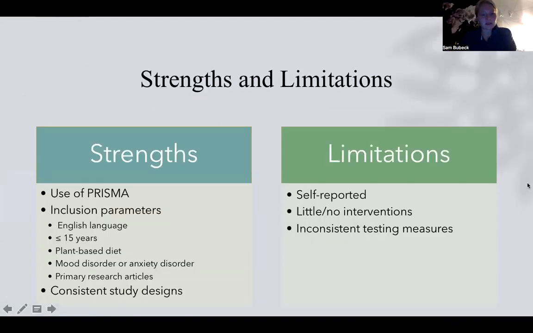As with any research, there were strengths and limitations. The strengths were my use of Prisma and the inclusion.